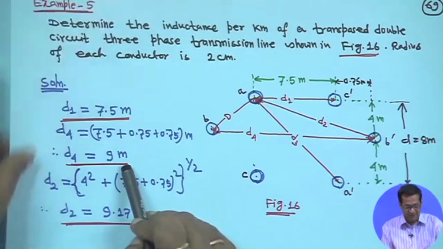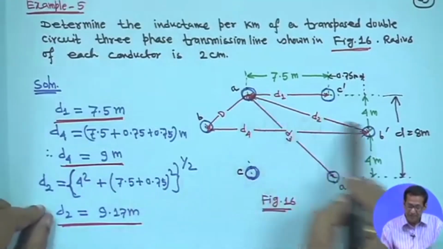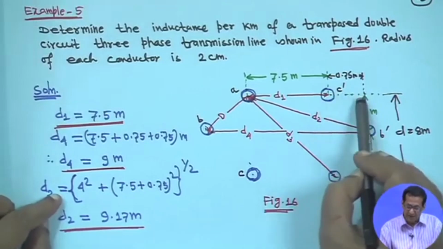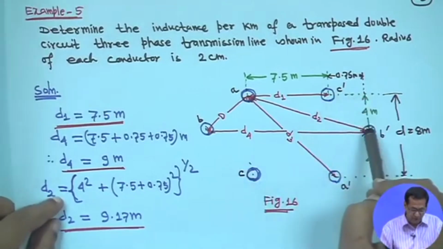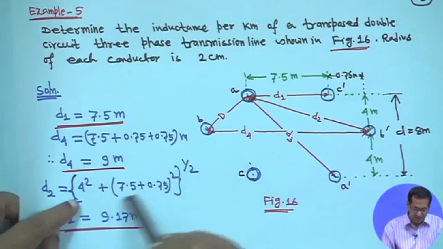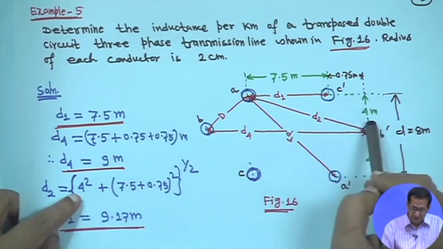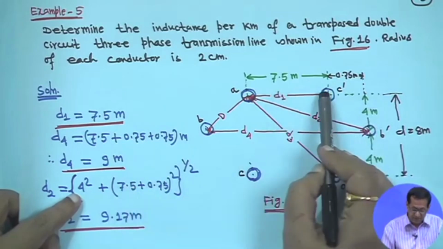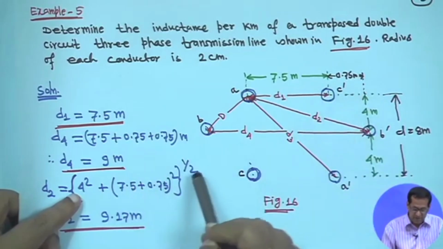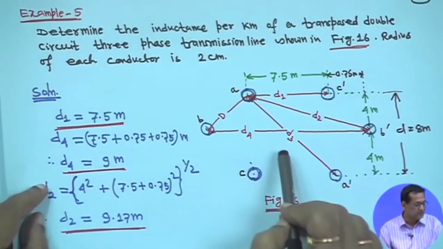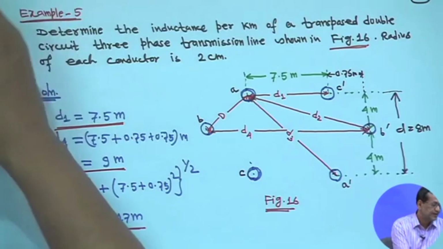Similarly, D2 is this one: 7.5 plus 0.75 and this is 4. So, D2 is equal to the square root of 4 square plus (7.5 plus 0.75) whole square, to the power half. So, D2 is 9.17 meter, because first you have to find out all the distances.